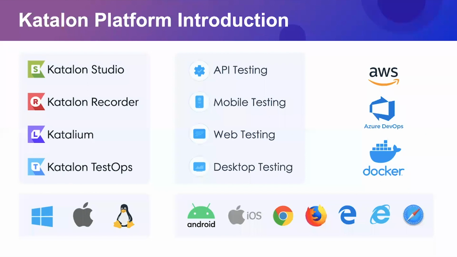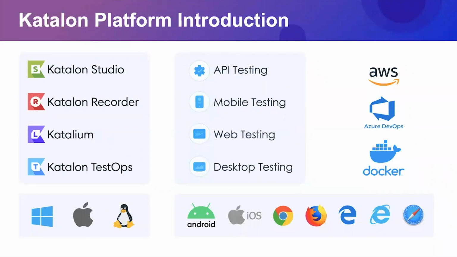We also have Katalon TestOps, a central place for managing the test process and your product quality. In TestOps, we have reports for your execution results and performance, CI/CD to control your execution process, and analytics to help you make better decisions to control your product quality and deliver your product faster.